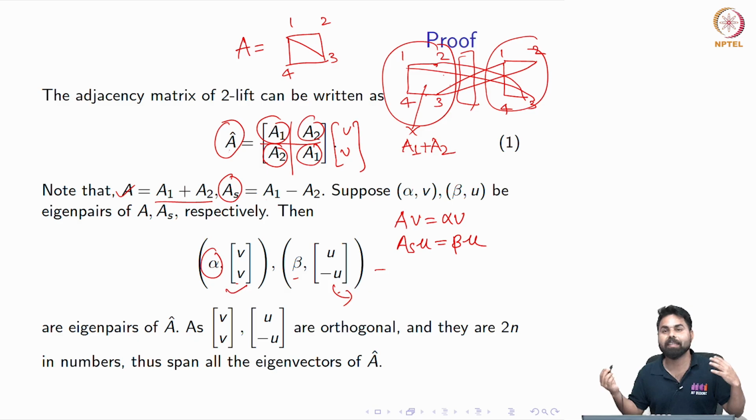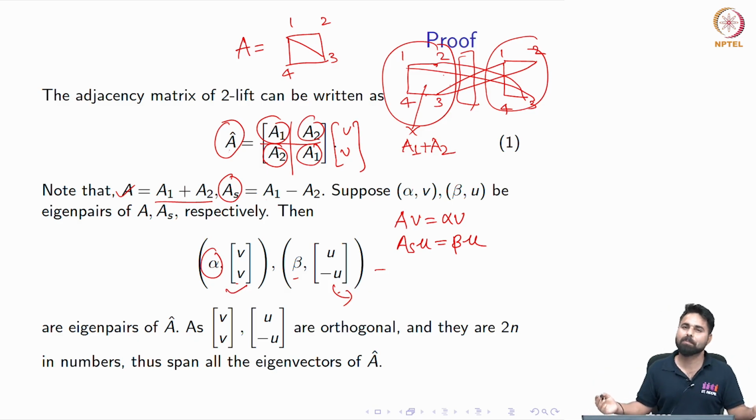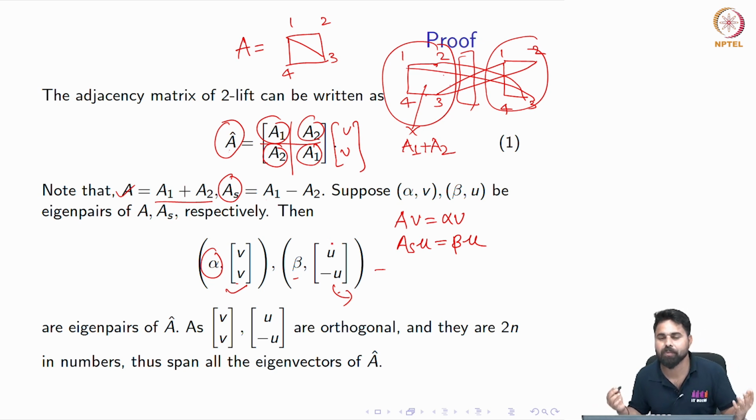Remember the spectral theorem, and by the spectral theorem you see that they capture all the eigenvalues. So there will be 2n eigenvalues given by the eigenvectors of the matrices A and AS, and the corresponding eigenvalues will be the eigenvalues of A hat. Very, very simple proof.